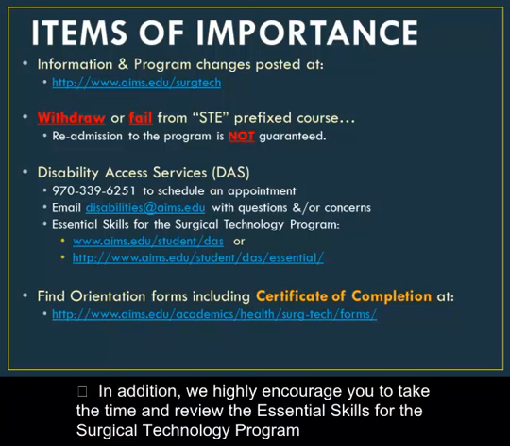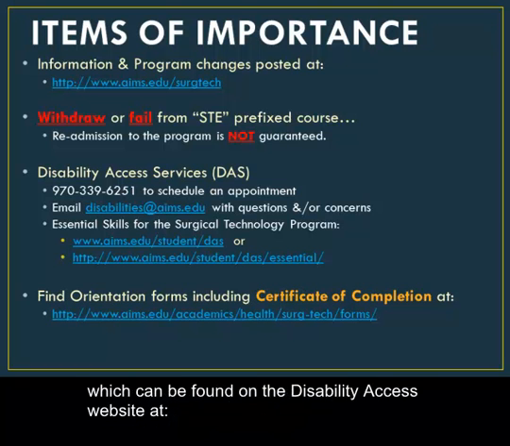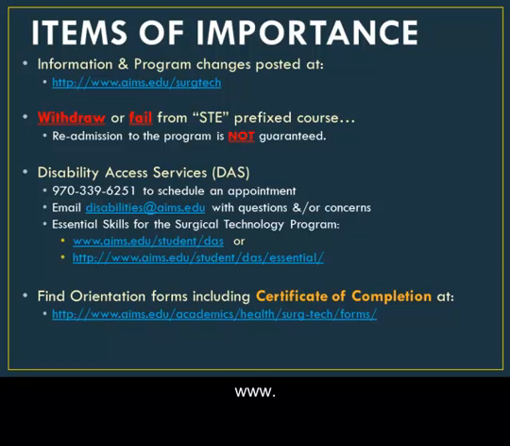In addition, we highly encourage you to take the time and review the essential skills for the Surgical Technology program, which can be found on the Disability Access website at www.aims.edu/student/DAS, or, as previously mentioned, at www.aims.edu/academics/health.